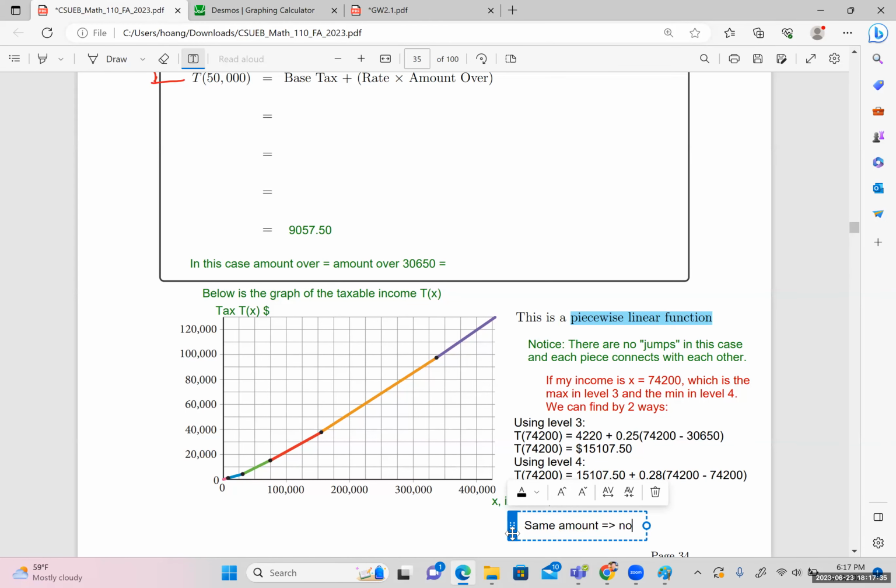So we have no jump. So this still calls a piecewise function, but it doesn't have any jumping things in here.